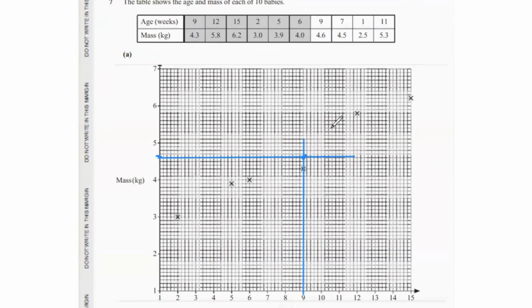That's 9, 4.6. Then 7, 4.5. That's going to be this one. 1, 2.5. Is this.